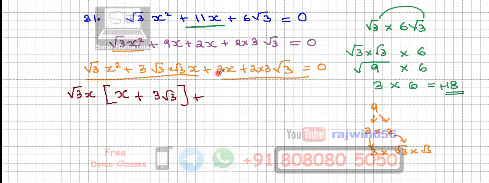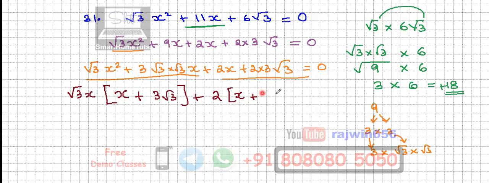Now from the second two terms, what is common? 2 is common. Only 2 is common, nothing else. So 2 will be over here. What is remaining from this? x is remaining. Plus this 2 is gone out. What is remaining? 3 root 3.